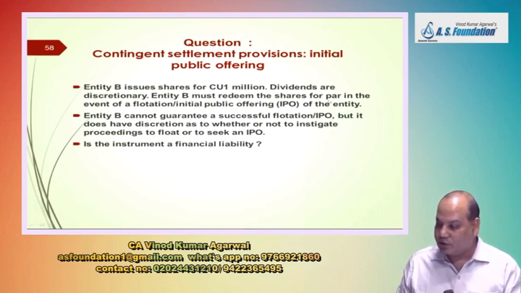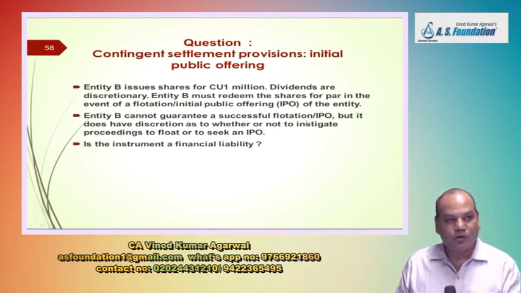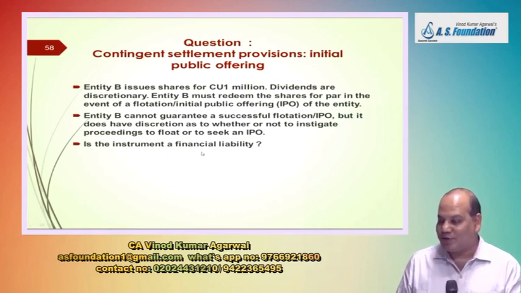Entity B must redeem the shares for par in the event of a flotation or IPO of the entity. Entity B cannot guarantee a successful flotation or IPO, but it does have discretion as to whether or not to instigate proceedings to float or to seek an IPO. Is the instrument a financial liability?